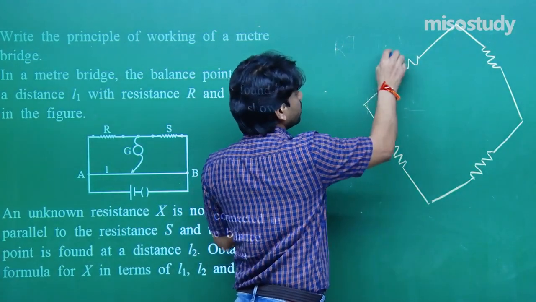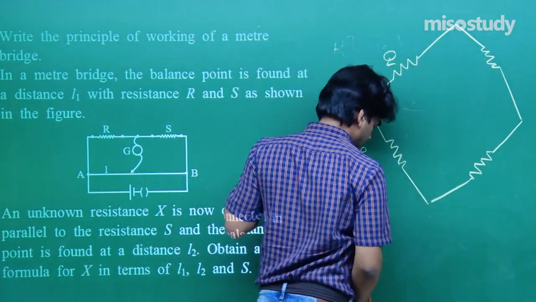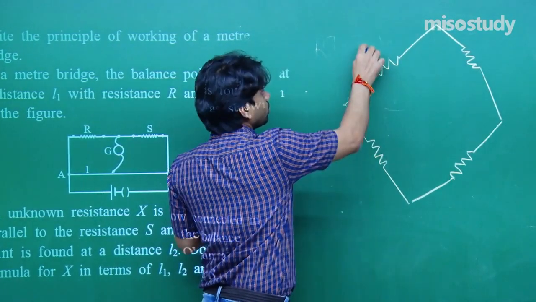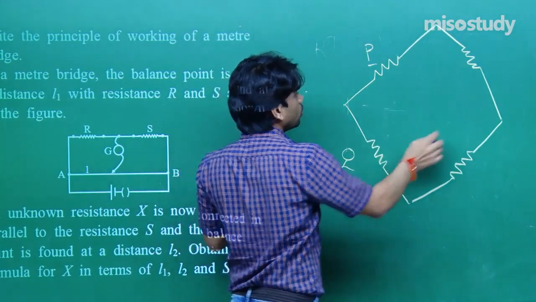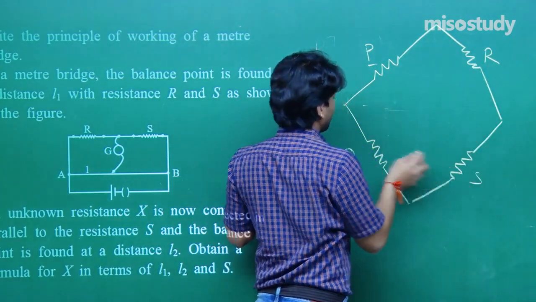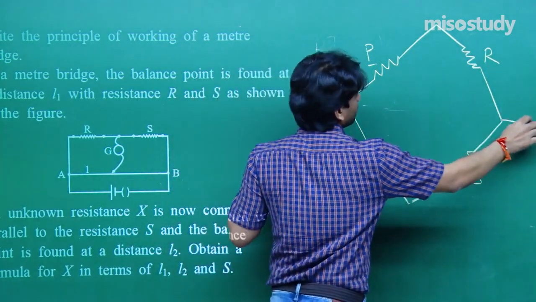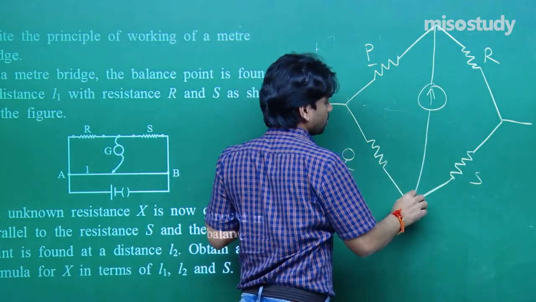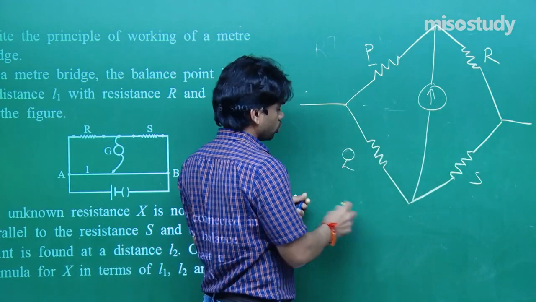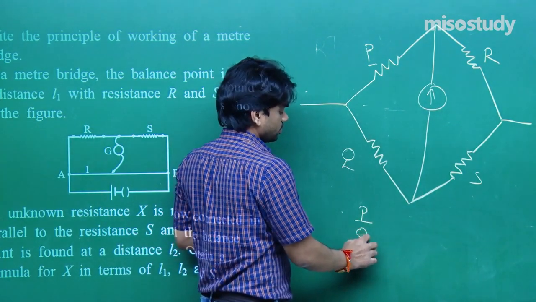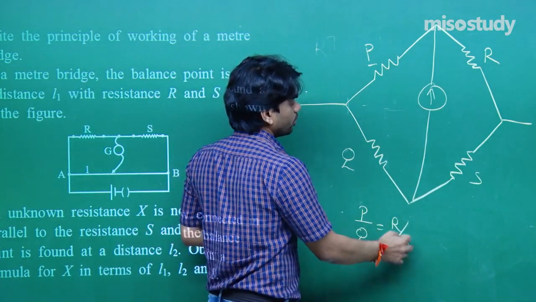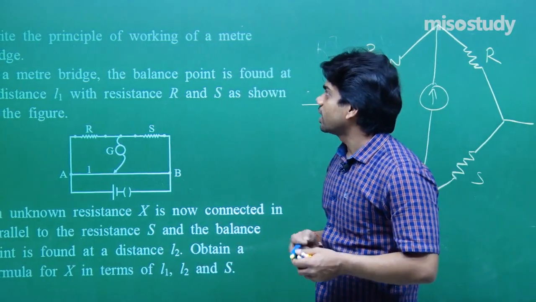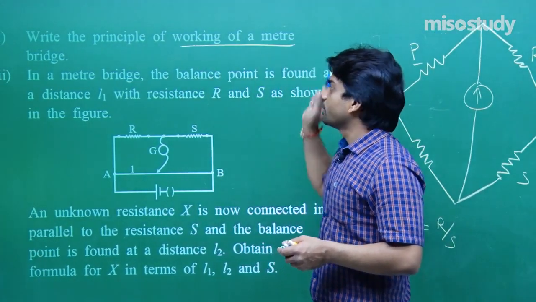Four resistances P, Q, R, S are connected, and here we have a galvanometer and it's balanced. So if P by Q equals R by S, there will be no current through this galvanometer, it will show zero deflection. That is the principle of Wheatstone bridge, and on this only principle meter bridge works.